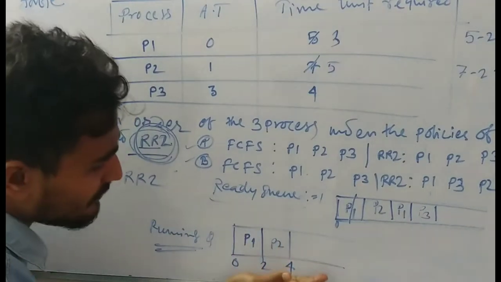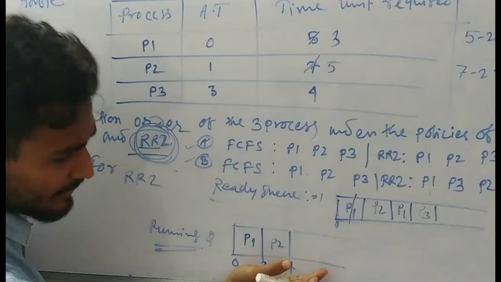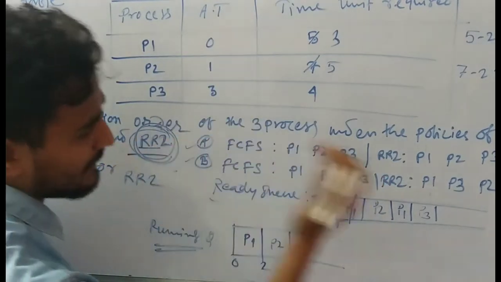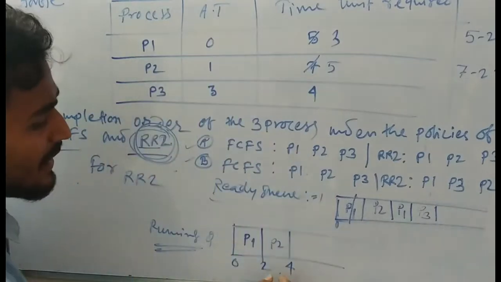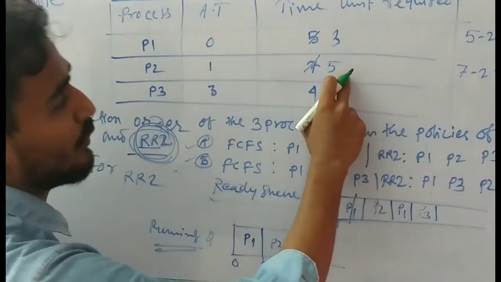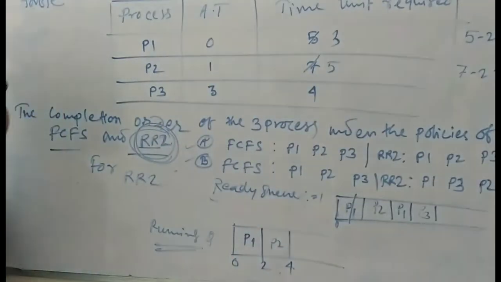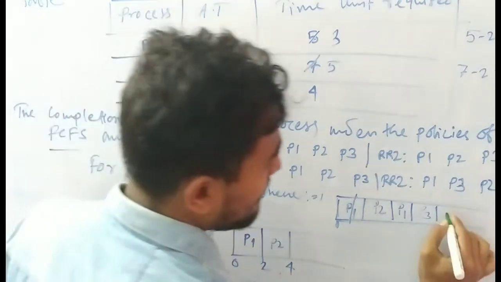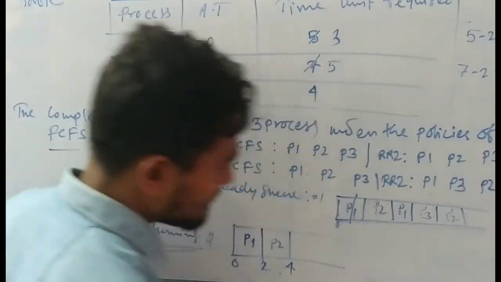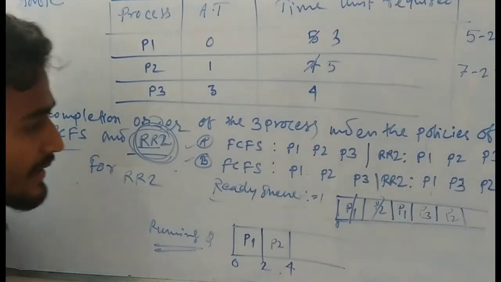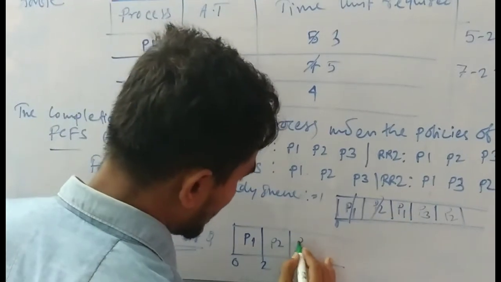Complete? No, it has 5 remaining, so it is not complete. So it is mentioned at the last. Now P1. Sir, P1.